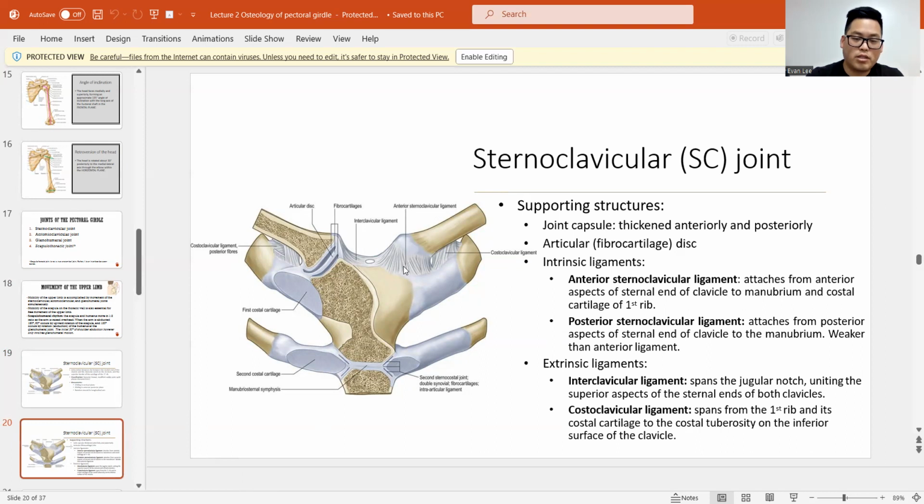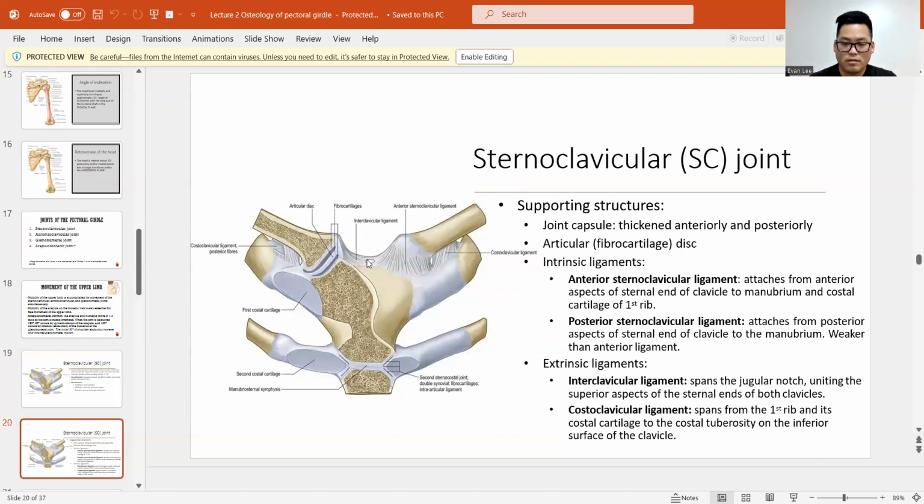But then if you look closely between the clavicles, you also have a ligament connecting them right in the middle. So you have ligaments on the front and the back, and then a ligament between the clavicles, keeping them well supported as well.